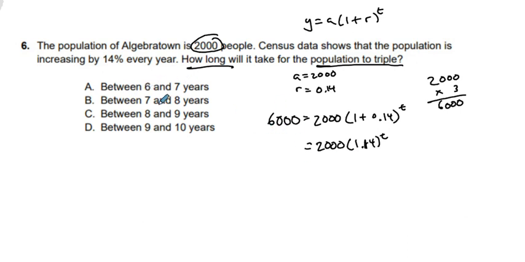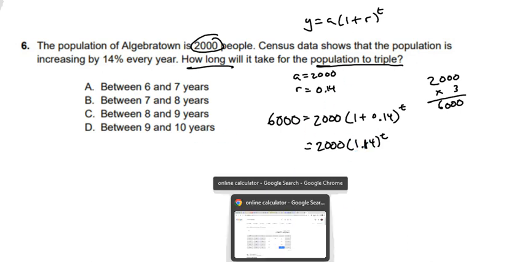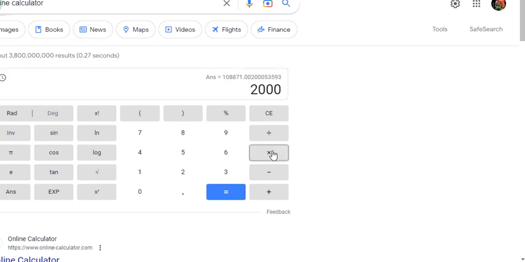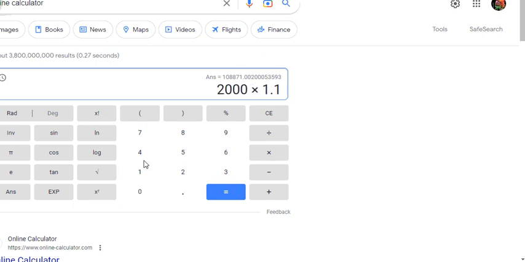So they're giving us 6 and 7, 7 and 8, 8 and 9, 9 and 10. So we're going to plug this in, and we'll start with 6, and we'll see where that's at. So let's try this. Good old algebra time, huh? So we've got 2,000 times 1.14 to the, let's start with the low number. Oops, that didn't work.